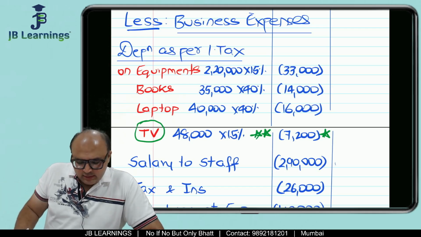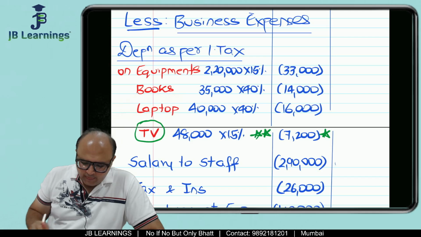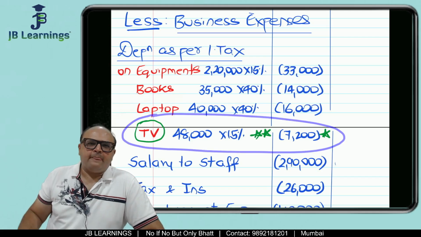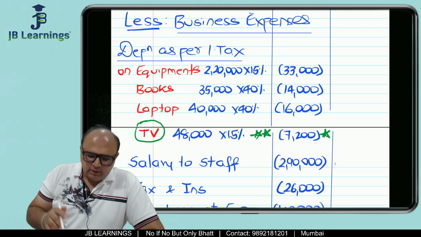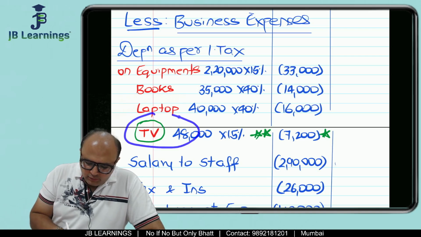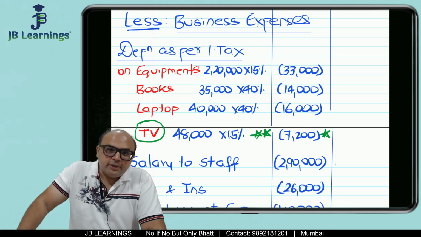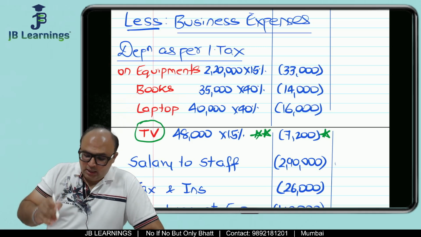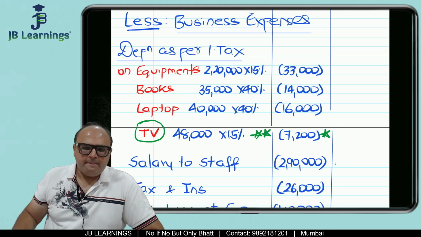If you go to various clinics, hospitals, doctors, friends, TV is used along with the computer system. So if you assume that TV is used along with the computer, it becomes a computer accessory, and for a computer accessory you can take depreciation as 40%. This is an alternative answer which ICAI has given. Even if you write 15% and solve, it is correct.